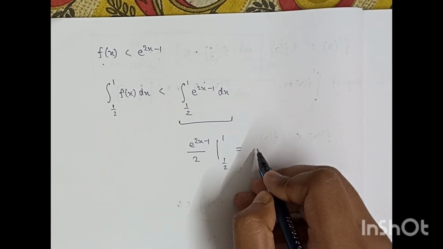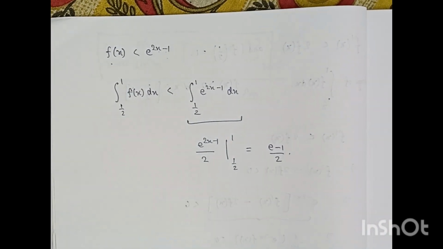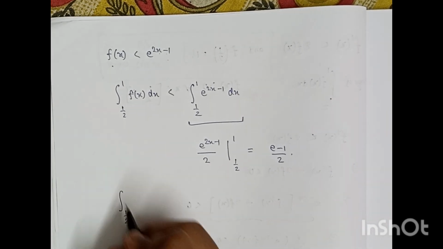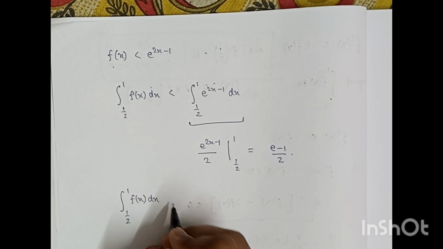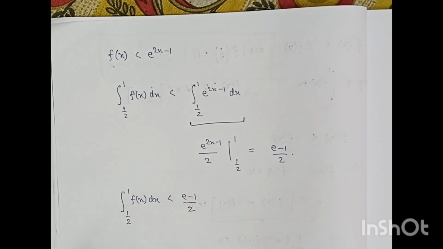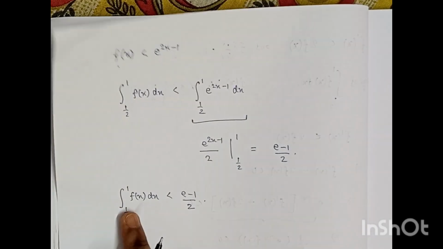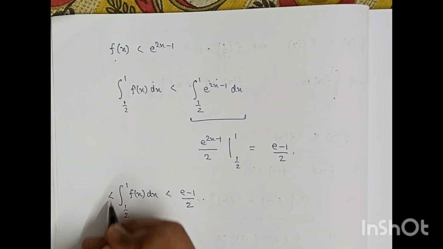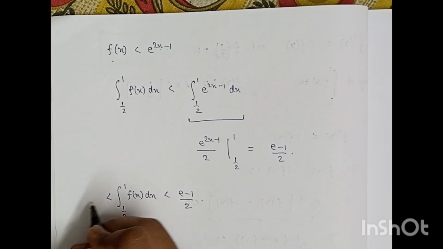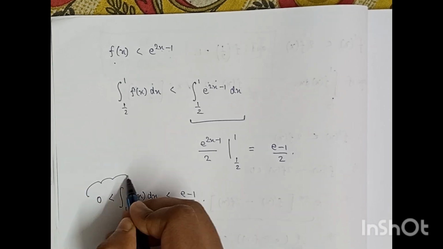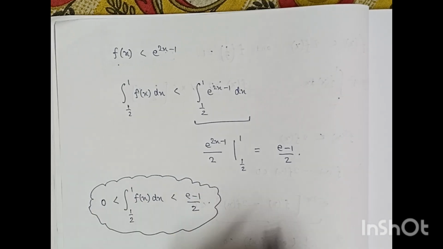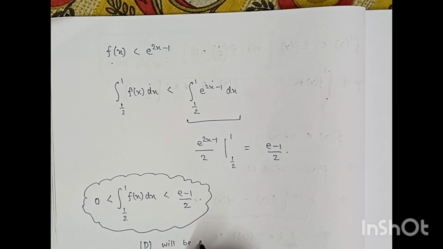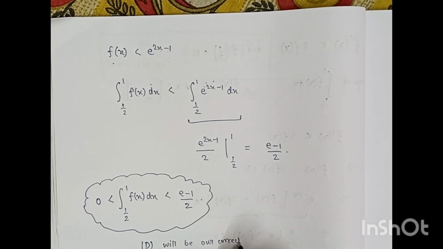So this will be e minus 1 divided by 2. So the integral from 1/2 to 1 of f(x) dx will be less than (e minus 1) by 2. Now as f(x) is always a positive function in this interval 1/2 to 1, the integral of f(x) will also be greater than 0. So this is the required answer. So option D will be our correct answer.